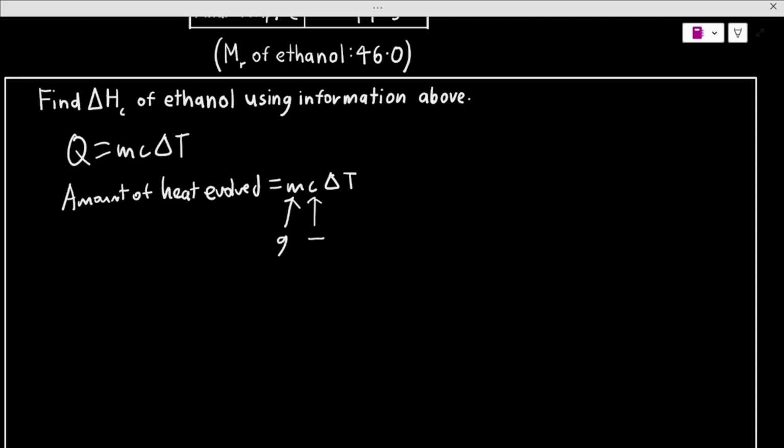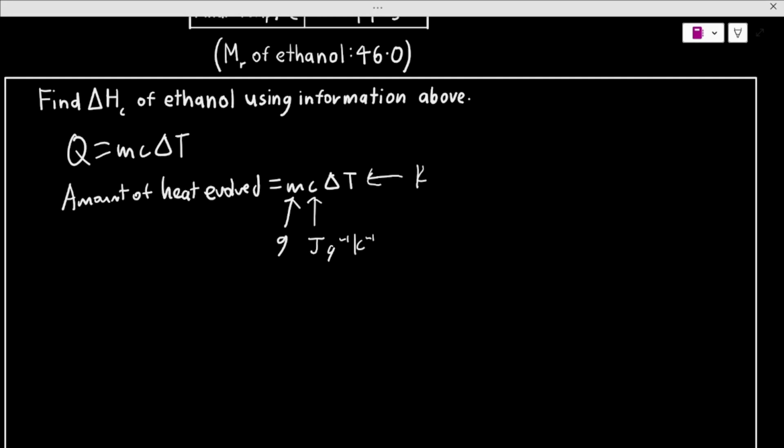So this is joules per gram per Kelvin. So per gram of water, for every increase in temperature per Kelvin, I need some number of joules of energy. That's the specific heat capacity. Delta T refers to the change in temperature of whatever I'm heating up. So in this case, it's going to be in Kelvin.